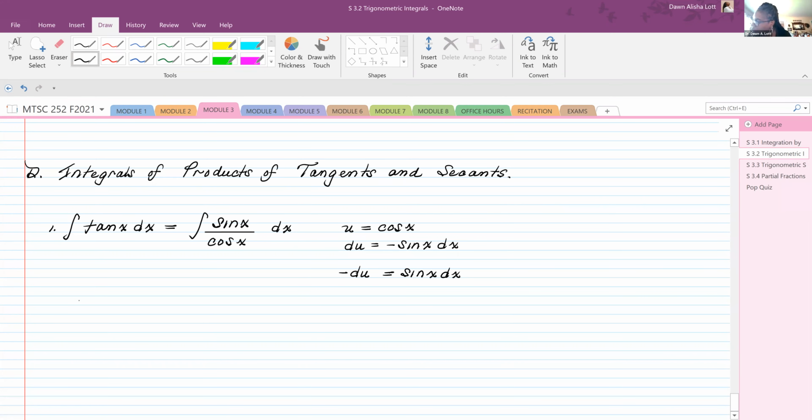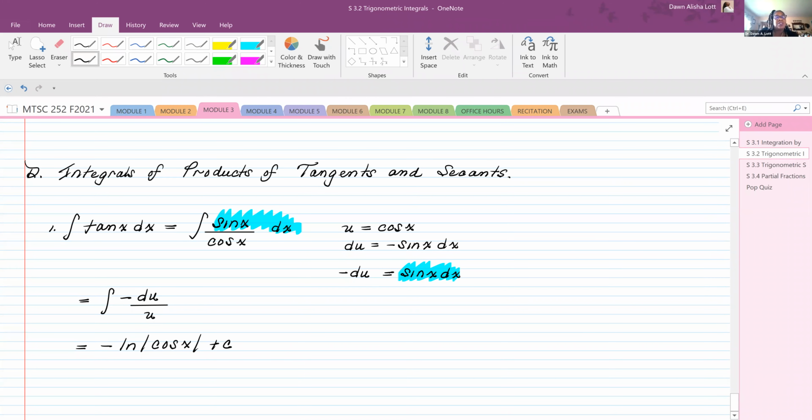So therefore, this is the integral of minus du over u, since cosine of x is just u. So this turns out to be minus the log of the absolute value of the cosine of x plus c.